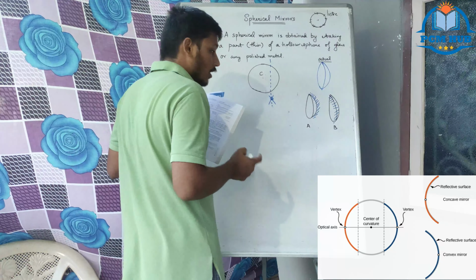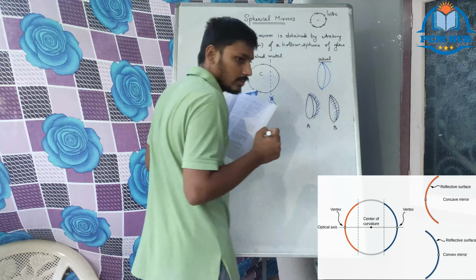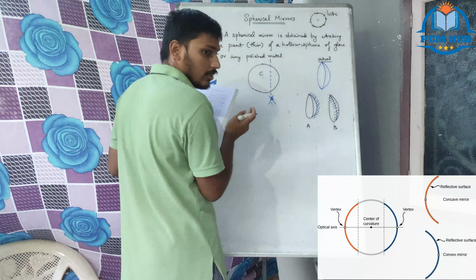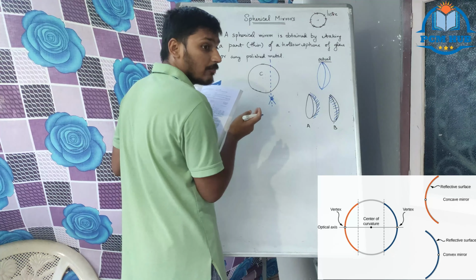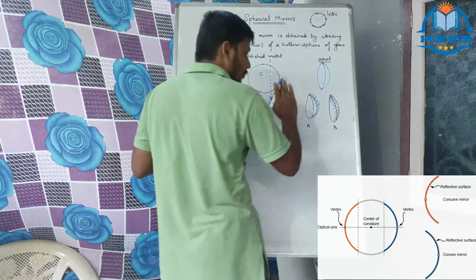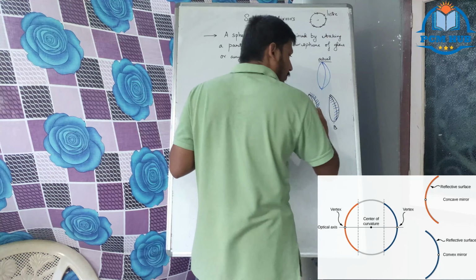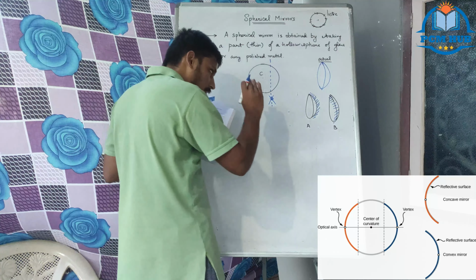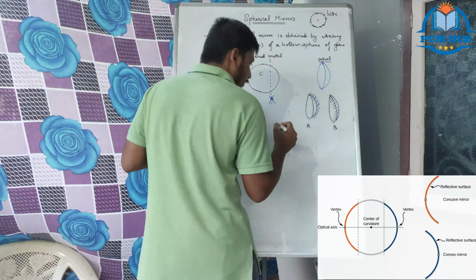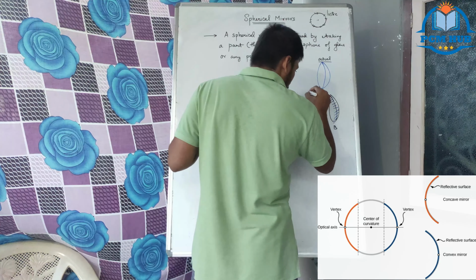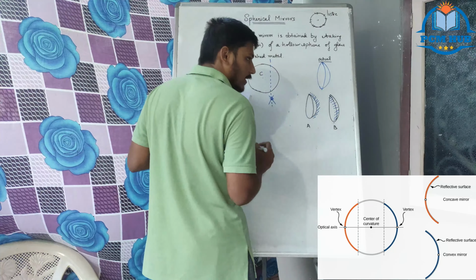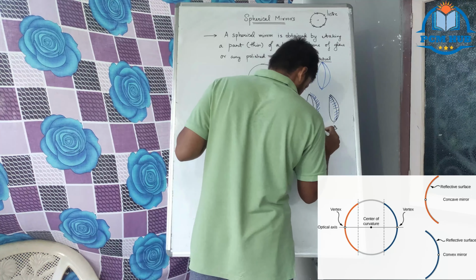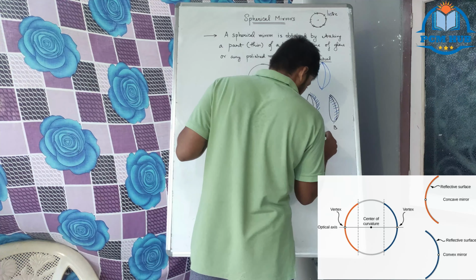Right? If you paint the outside part, then the inside part will become the reflecting surface, the mirror. If you paint the inside part, what is the reflecting surface? The outside part. So based on this, we are classifying this into two types of mirrors. Where the outside part is painted and the inside part is the reflecting surface, it is called a concave mirror.